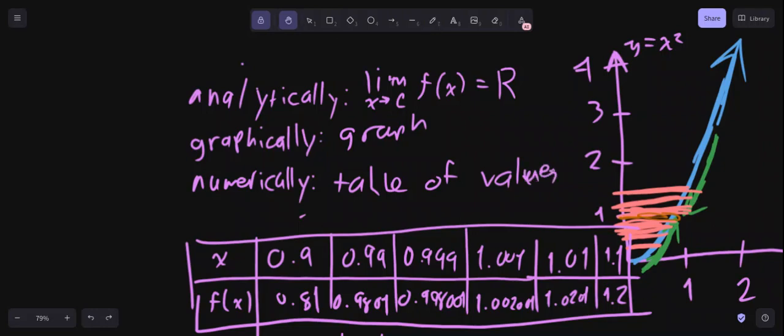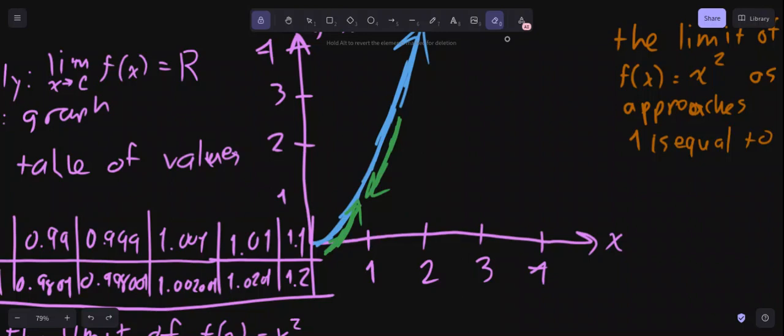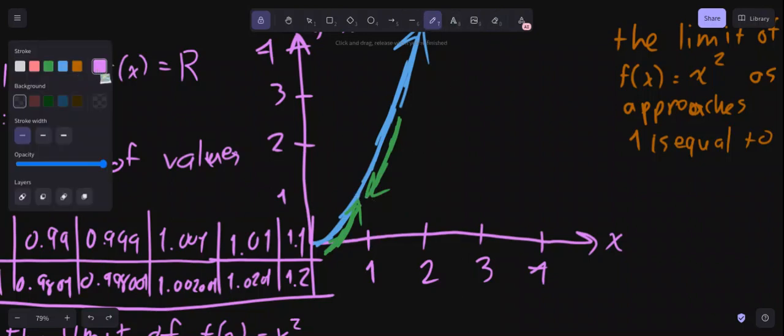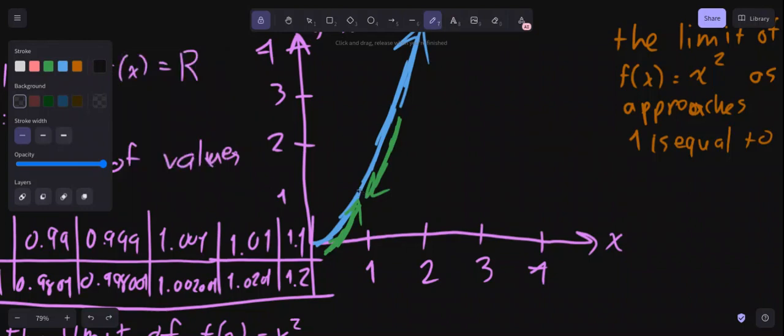Now, something interesting I want to point out as well: what if we try to maneuver this function somehow? What if this point over here was undefined? Let me draw my circle.